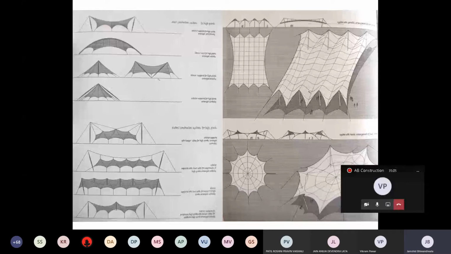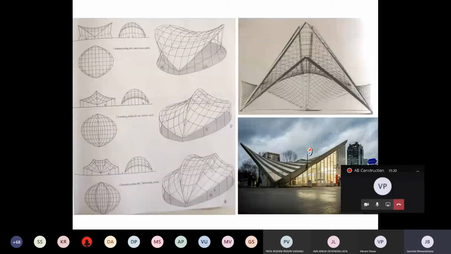Now we come to another segment where you'd not depend on, so to say, tensile fabric, but cables, and you'd use again the arched frame.